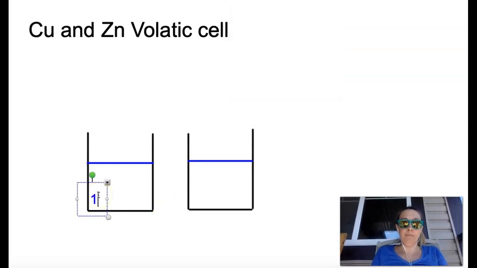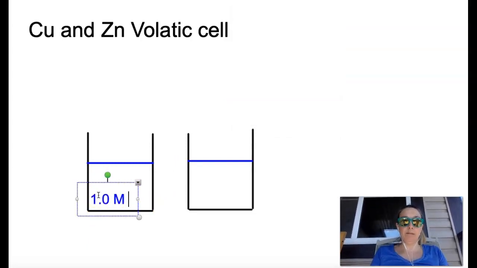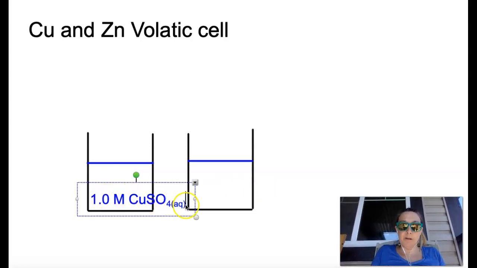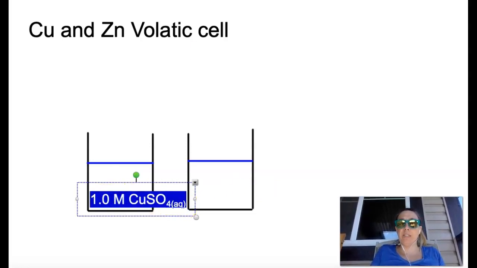So one of them was a 1 molar copper, let's just say it was sulfate, I can't remember exactly what it was. And then the other one, let me just make this font a little smaller so it actually fits in the beaker, because that's usually how we would do it. Okay, there we go.